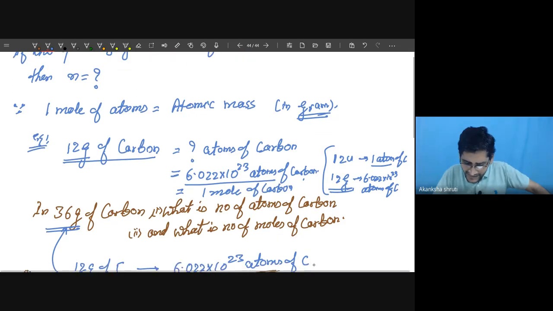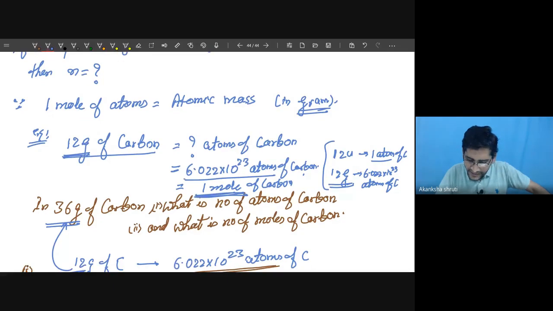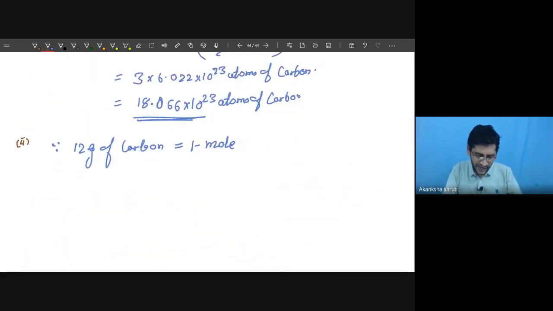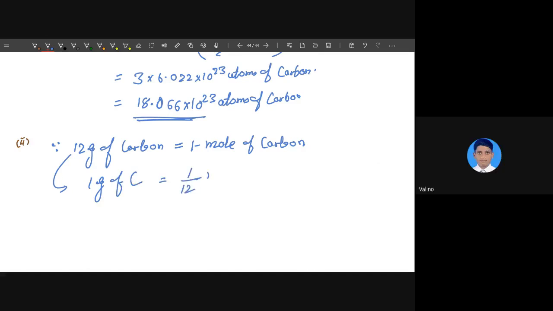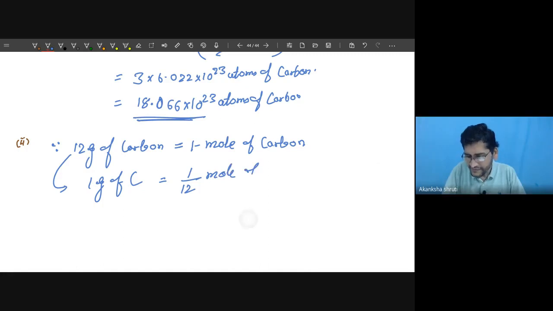So I can relate this mass with mole or with the number, like the number we wrote earlier. So for the mole, I can write 12 gram of carbon is equal to 1 mole of carbon. Now for 36, how can I get it? 1 gram of carbon means 1 by 12 mole of carbon.